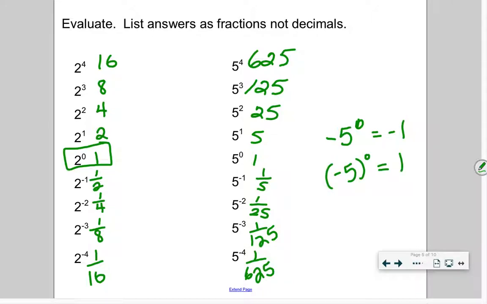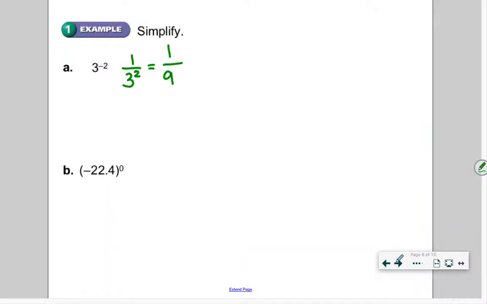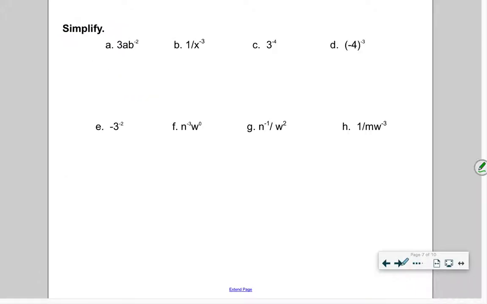But why is that a positive 1? Because of the parentheses. So in this question, positive or negative? Positive 1 because it's in parentheses. There's nothing that's multiplying it times a negative 1. Next one.